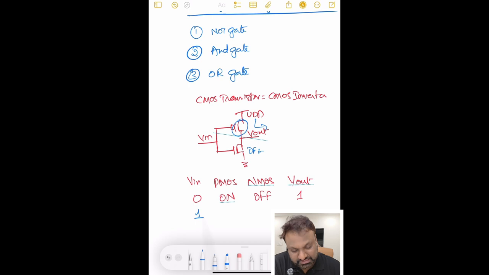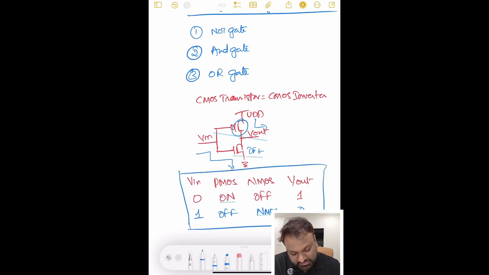Similarly, when my input is equal to 1, my PMOS will be off, NMOS will be on, and I get a 0 output. See here, NMOS is on, PMOS is off, so whatever the input is given will be flowing to the ground, hence I get a 0 output.